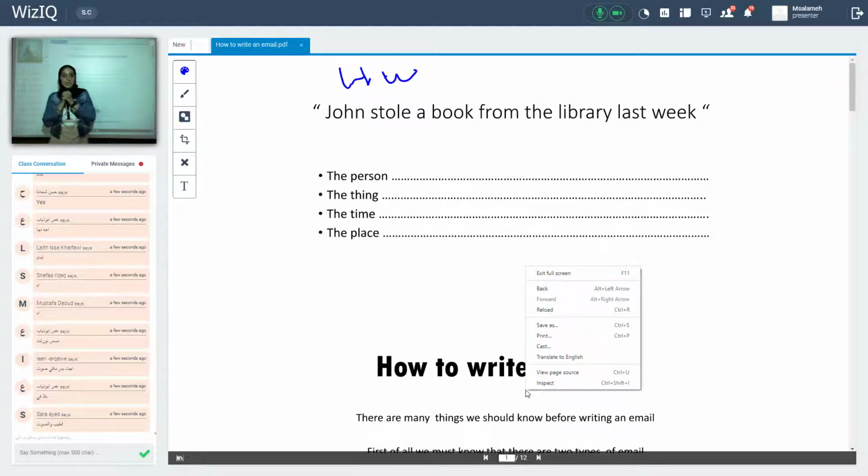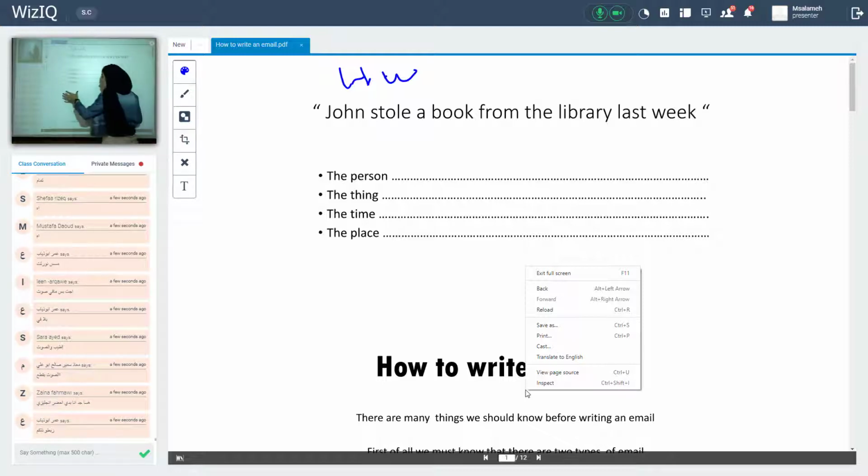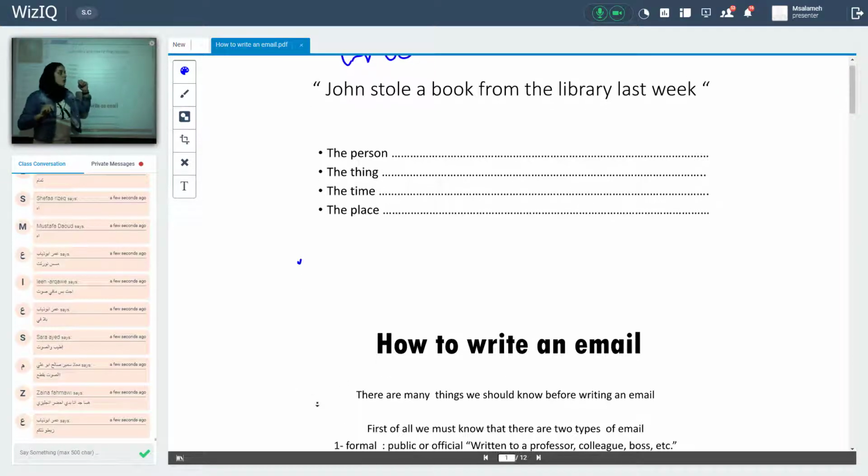A cleft sentence is a complex sentence that consists of two parts. That's why we call it cleft. These two parts are the main clause and the dependent clause. Number two, I said that we should use a relative clause, which means relative pronouns.